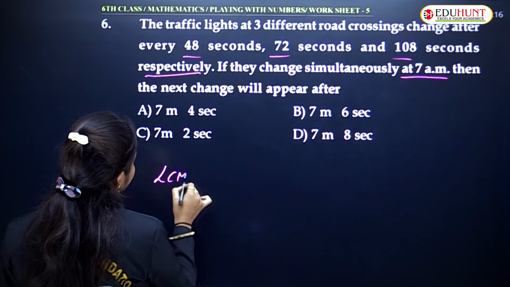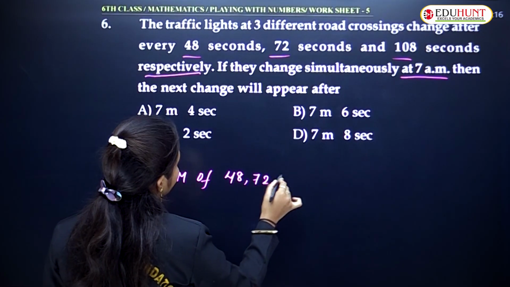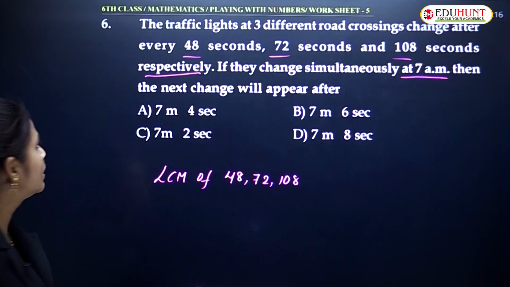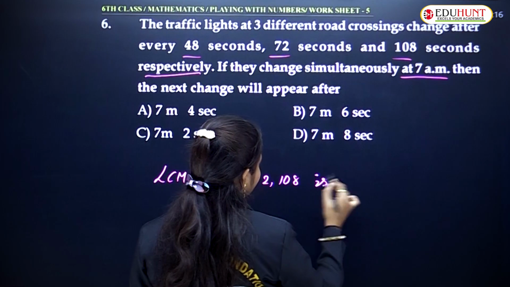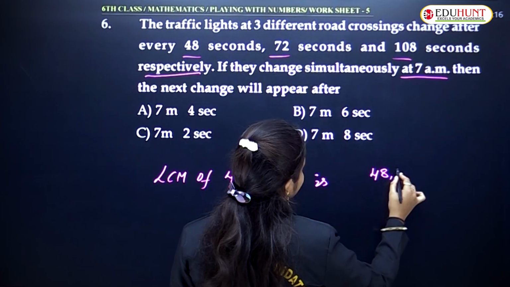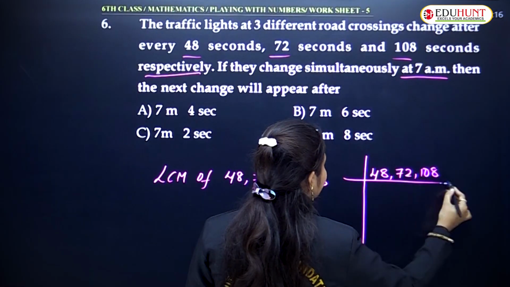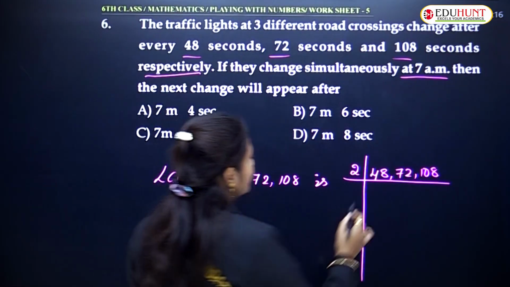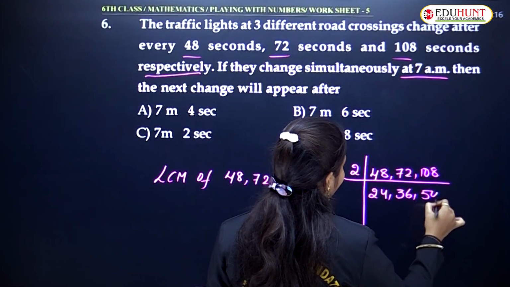So what are the numbers here? LCM of 48, 72, 108 seconds. We need to find the LCM. See here, these 3 numbers are divisible by 2. 2 24s are 48, 2 36s are 72, 2 54s are 108.